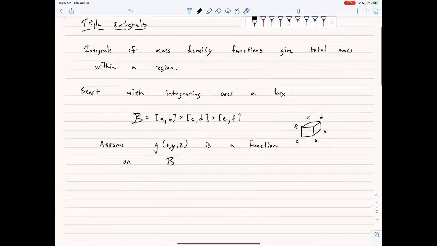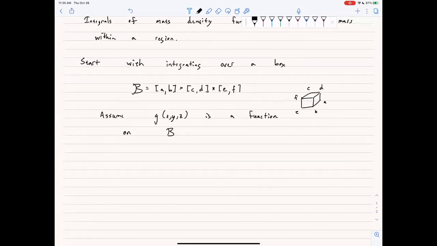Then what I need to do if I'm going to actually talk about a triple integral is I need to do all of the things that we don't want to do, but is necessary. So we need to partition. To get the triple integral, we start with a partition. Instead of just partitioning the intervals [a,b] and [c,d], we're going to partition everything.